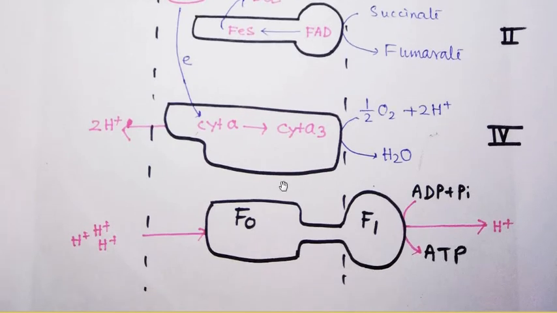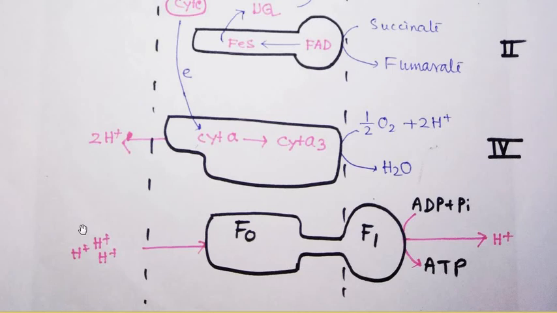By this process, H plus ions are accumulated inside the outer chamber of the mitochondria and develop a proton gradient. The H plus ions move from higher concentration to lower concentration, that means from the outer chamber to the inner chamber.